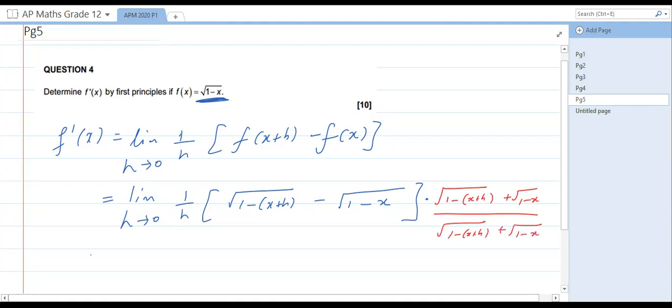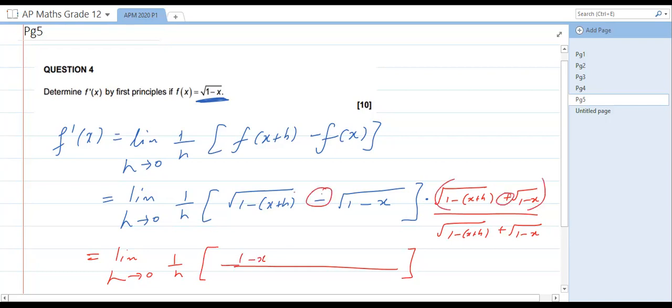Now, this is equal to the limit as h approaches 0 of 1 over h into. For the top, what we have is a difference of two squares, with one negative sign and one positive sign. We are multiplying these two out.